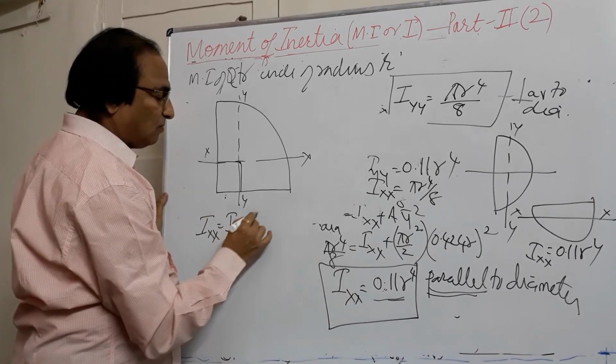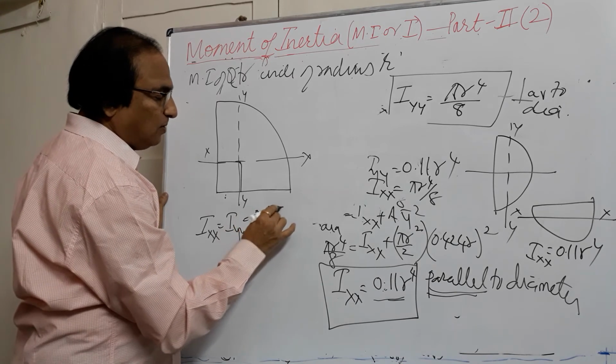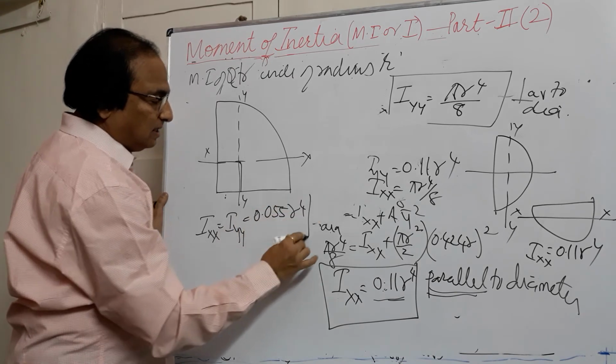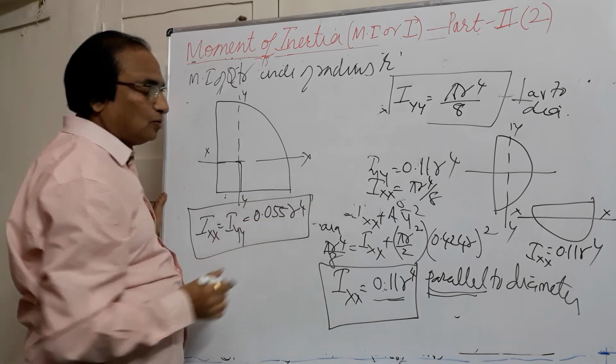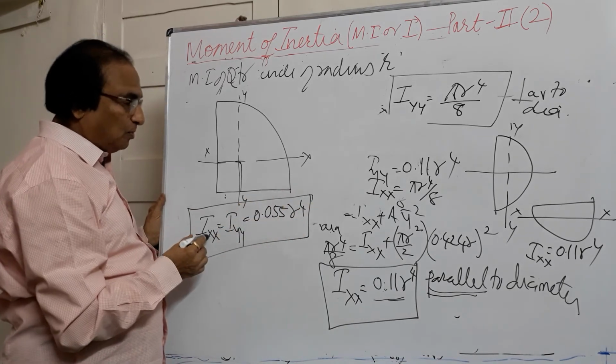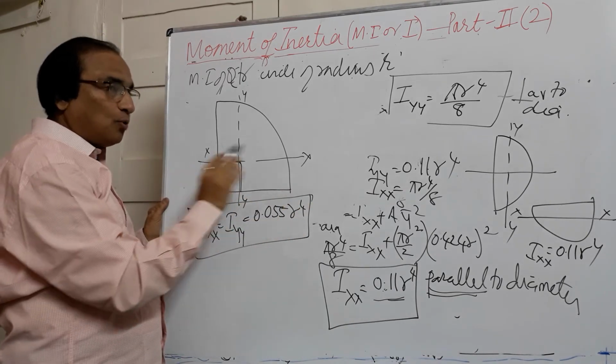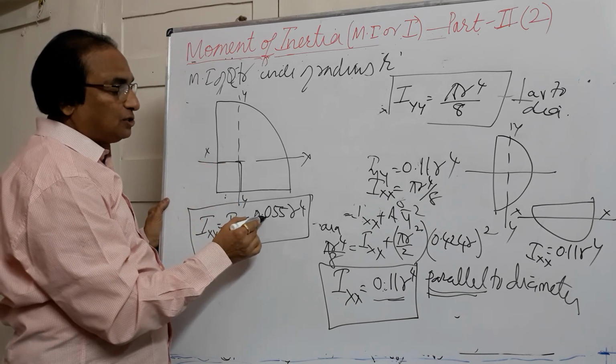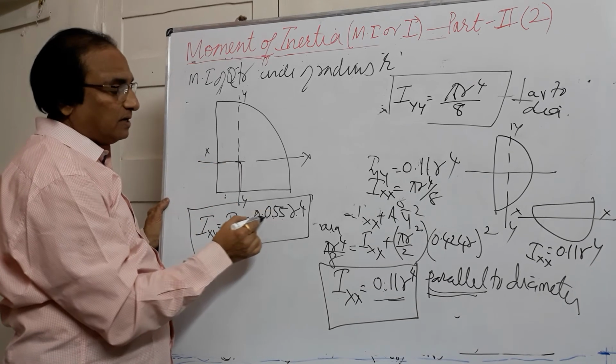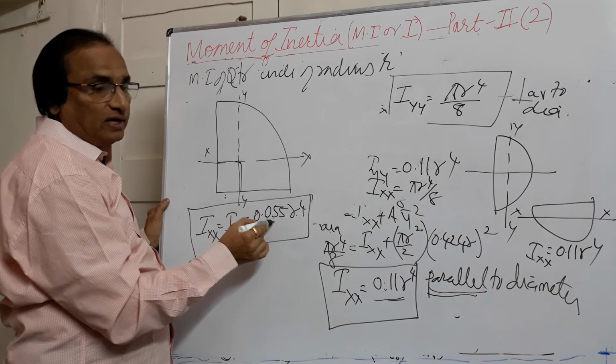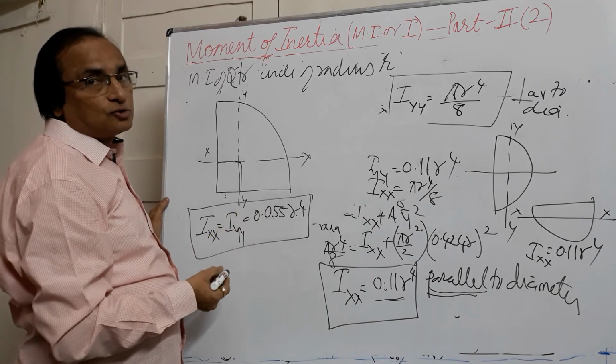Half of 0.11 will be 0.055 r raised to 4. This derivation is in the video notes, you can just refer to it. So the moment of inertia of a quarter circle about both the axes is 0.055 r raised to 4. Be careful, it is 0.055, not 0.55.